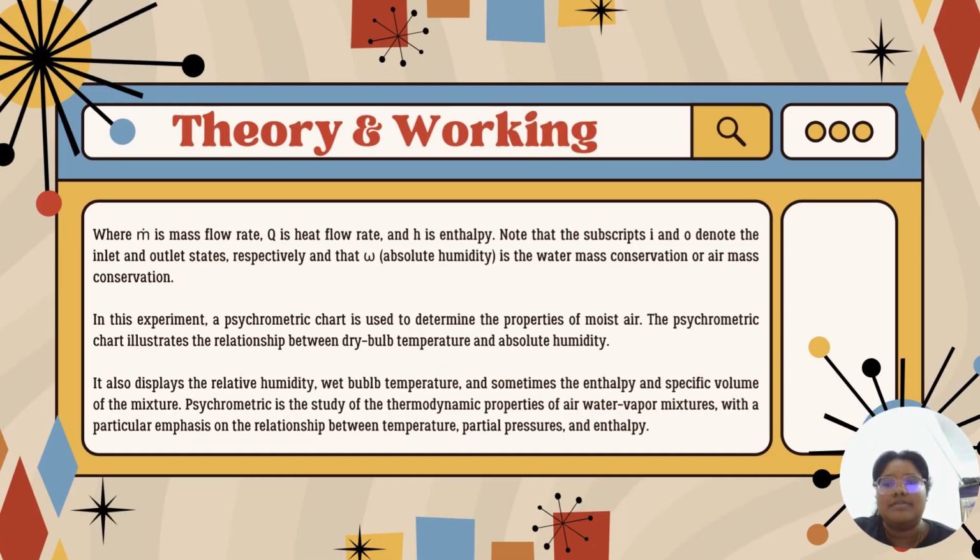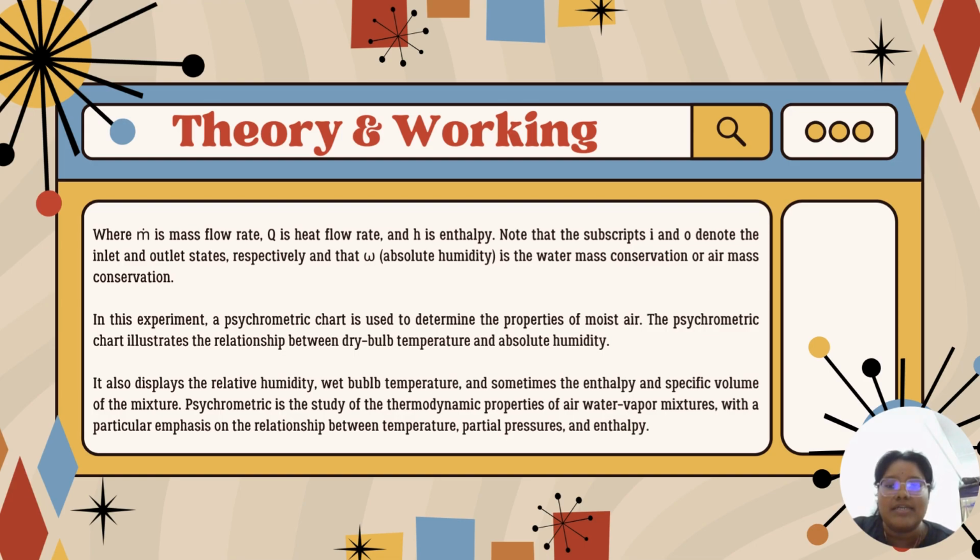M dot represents the mass flow rate, Q represents the heat flow rate, and H represents enthalpy. The subscripts i and o denote the inlet and outlet states, and W is the absolute humidity. In this experiment, a psychrometric chart is used to determine the properties of moist air.